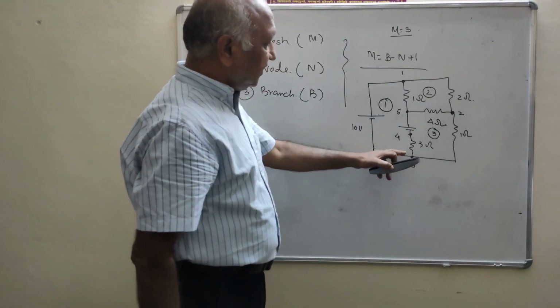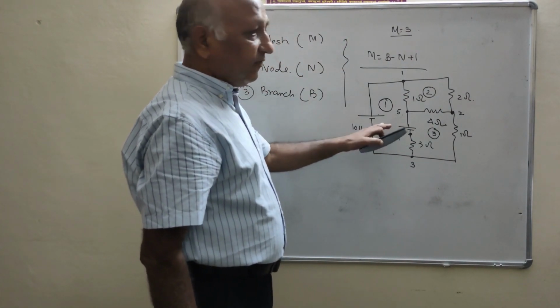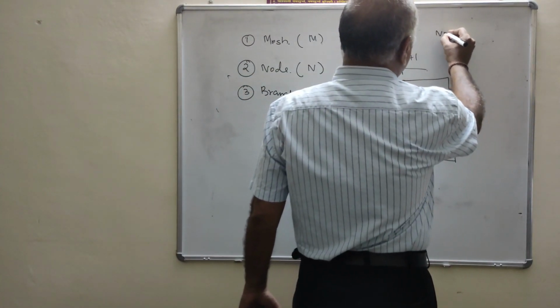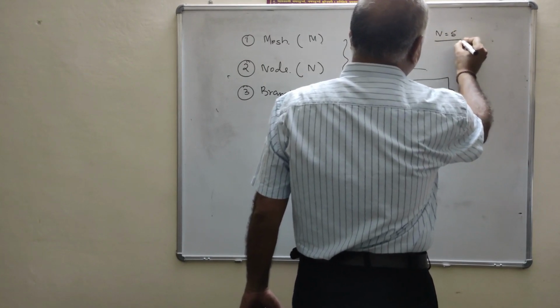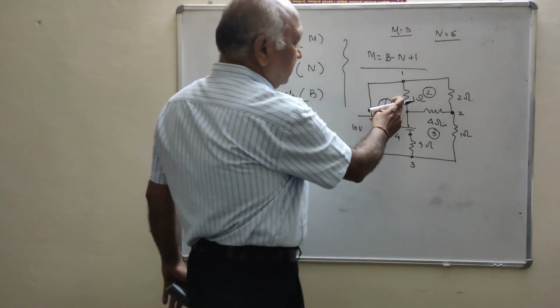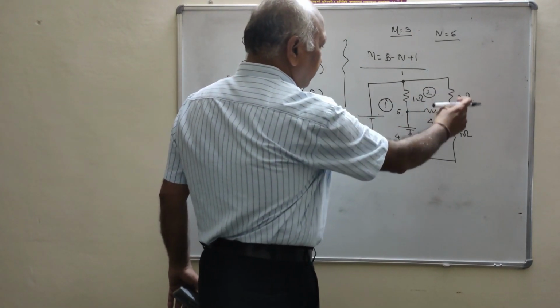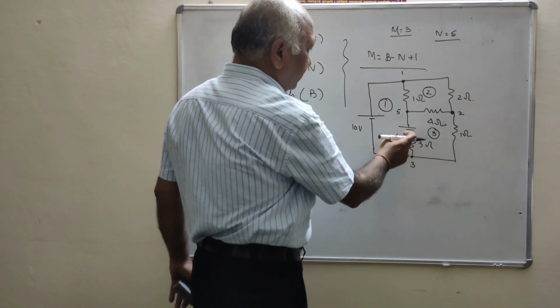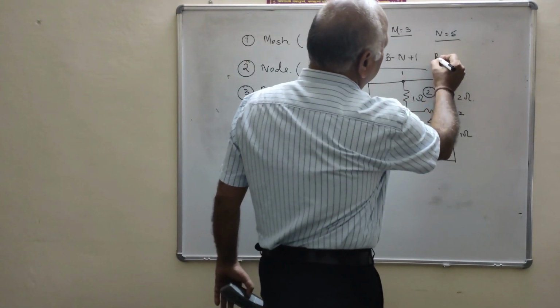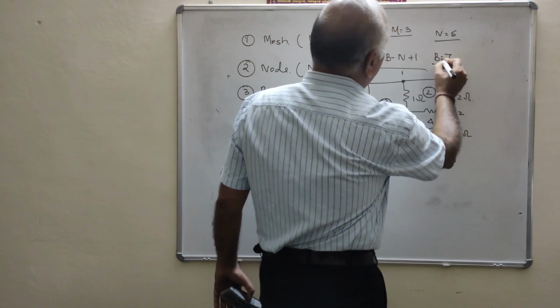How many nodes are there? N is equal to 5. Please count the number of branches: 1, 2, 3, 4, 5, 6 and 7. That means B is equal to 7.